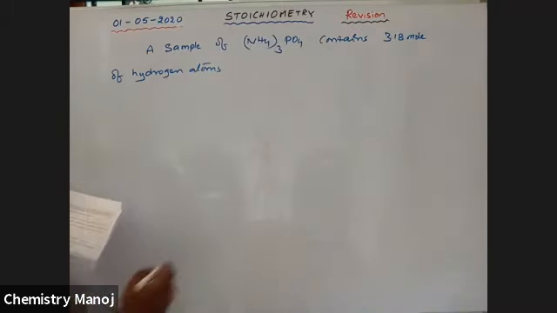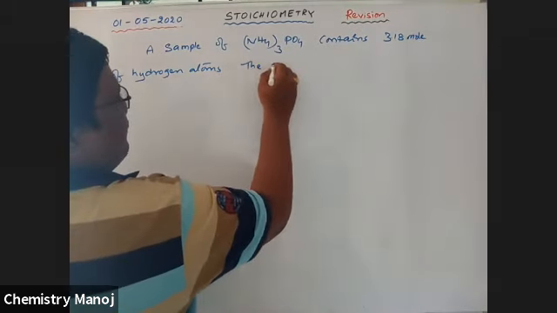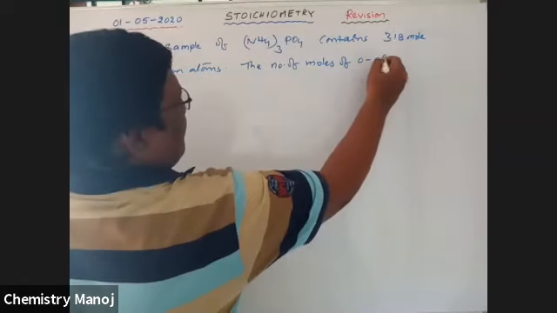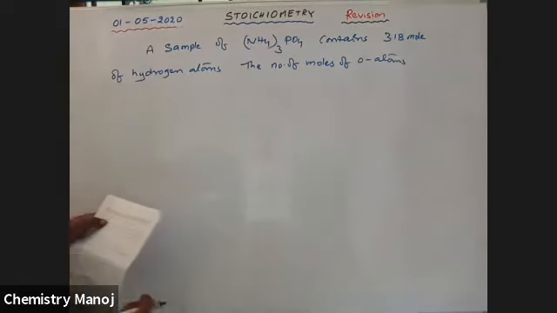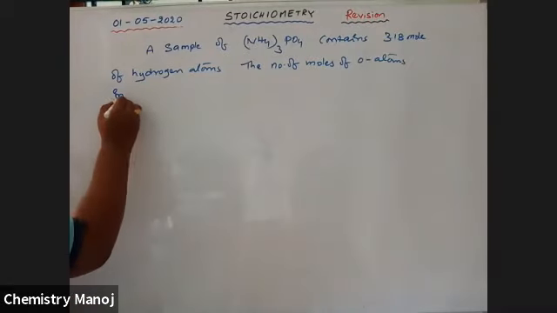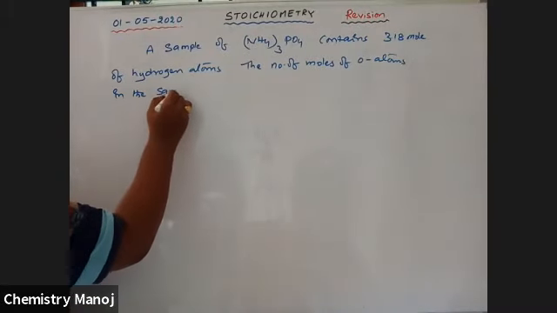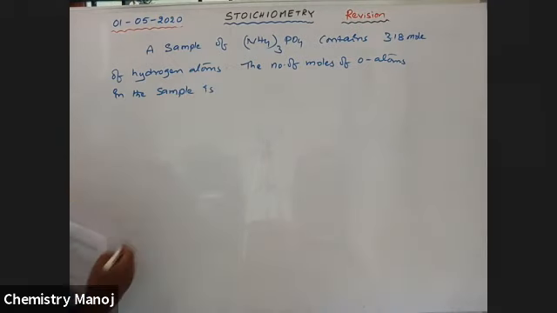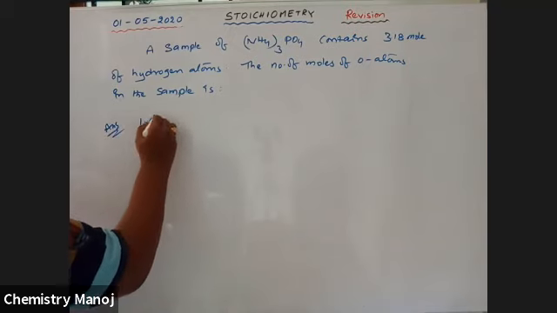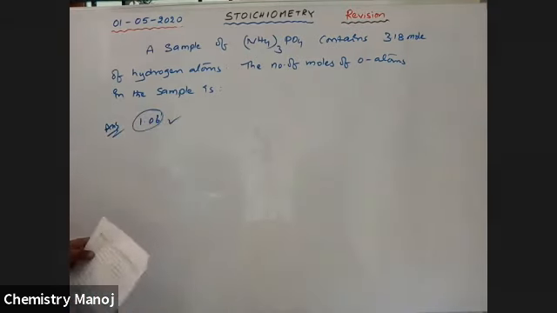The number of moles of oxygen atoms in the sample is 1.06. Correct. Now the answer is 1.06. It's correct.